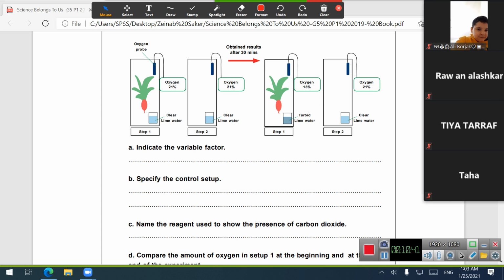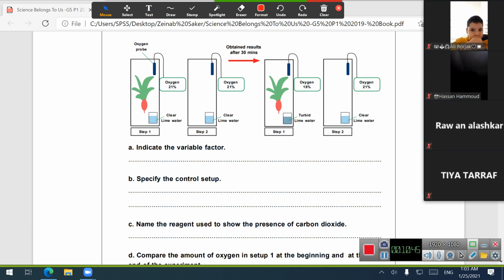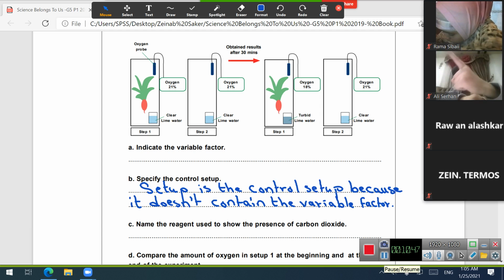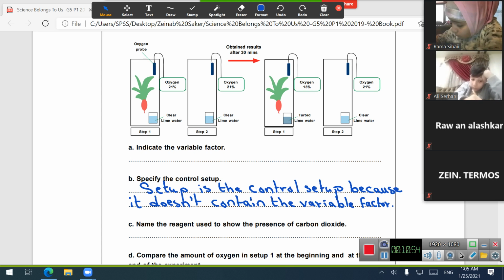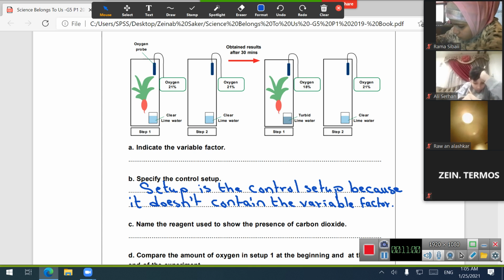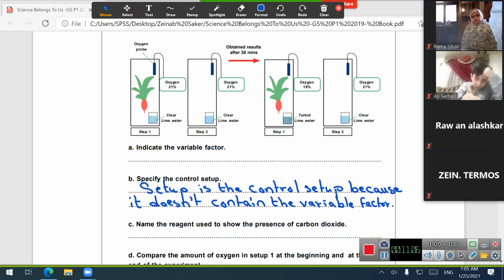Excellent, because no change takes place in step 2. So, the answer is step 2 is the control setup because it doesn't contain the variable factor. It means no change takes place in step 2. This is all about parts A and B in this experiment. Let's continue later. Thank you.